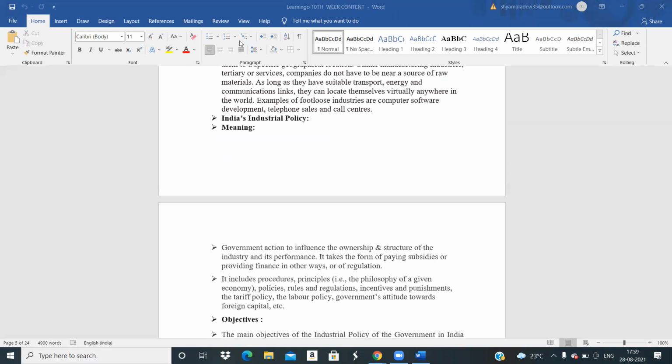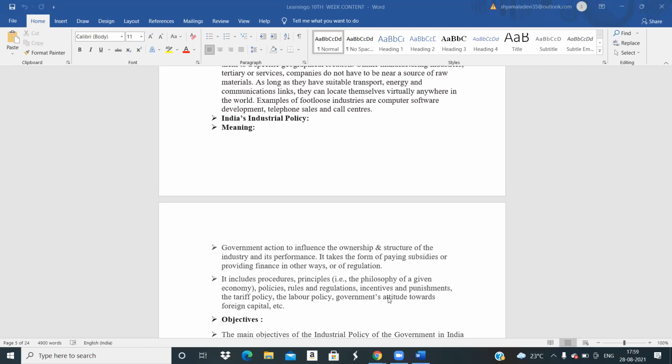So when I say industrial policy, these are all the words you will use: procedures, principles, policies, rules and regulations, incentives. What are the incentives you are going to give? Like I told you, the government nowadays is providing special economic zones. Special economic zones are where the government itself creates an economic zone wherein it invites the industrialists to come and set up their industries. They invite the industries by providing all the necessary facilities, whatever they want.